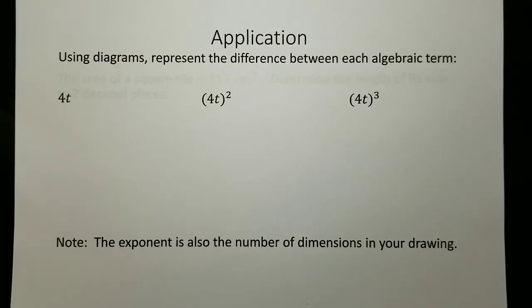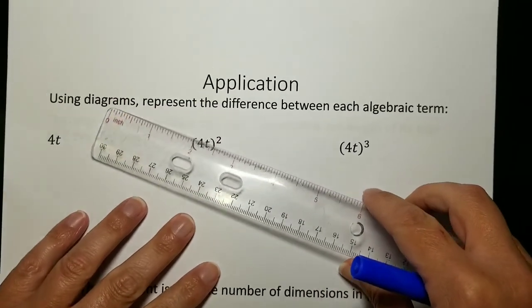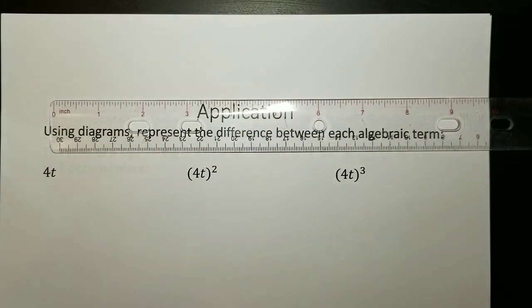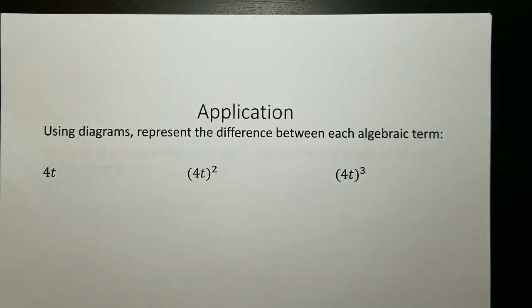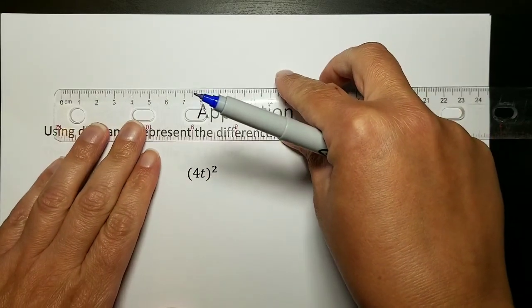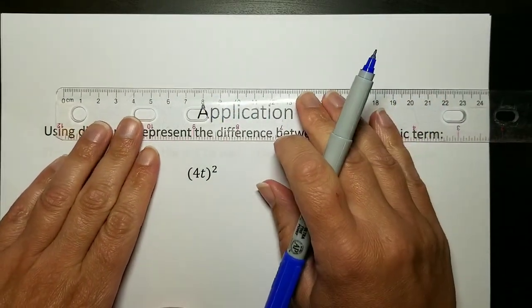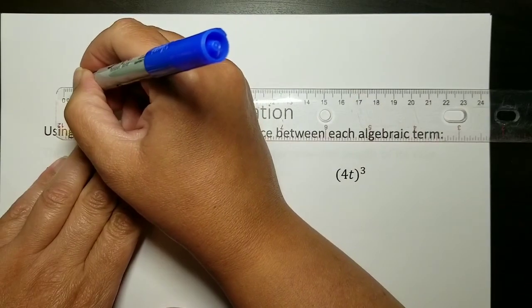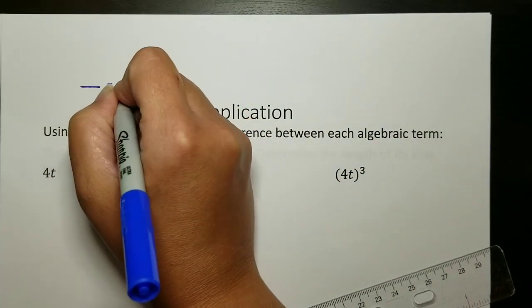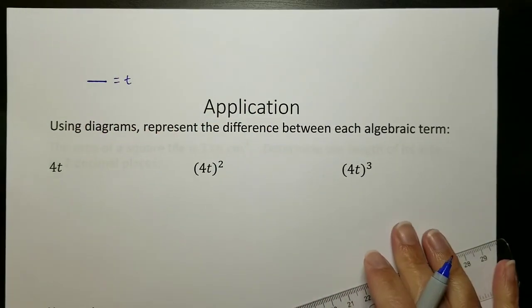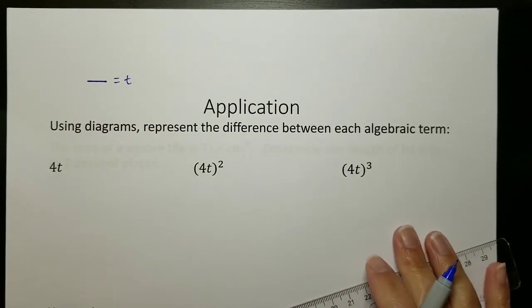I don't know how big t is, but I'm going to use my ruler and make t about 1 centimeter. So I'm going to call that t. So that measurement is t.